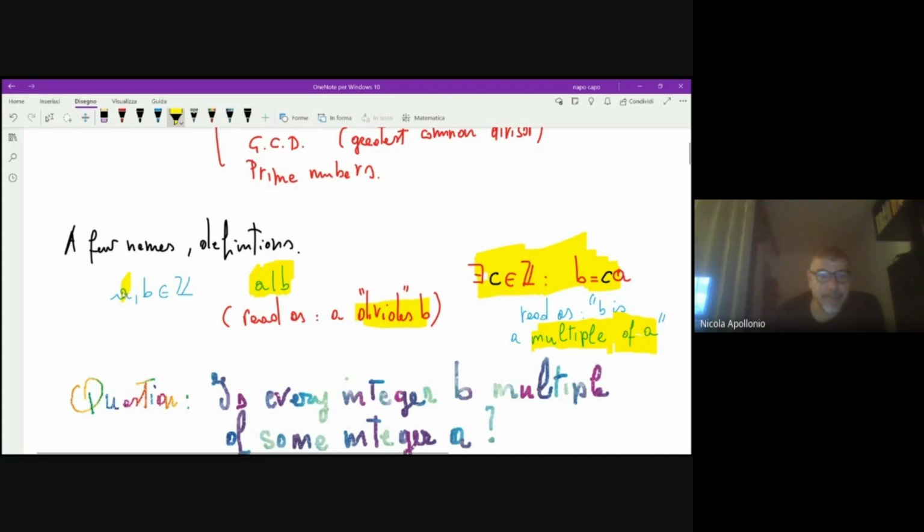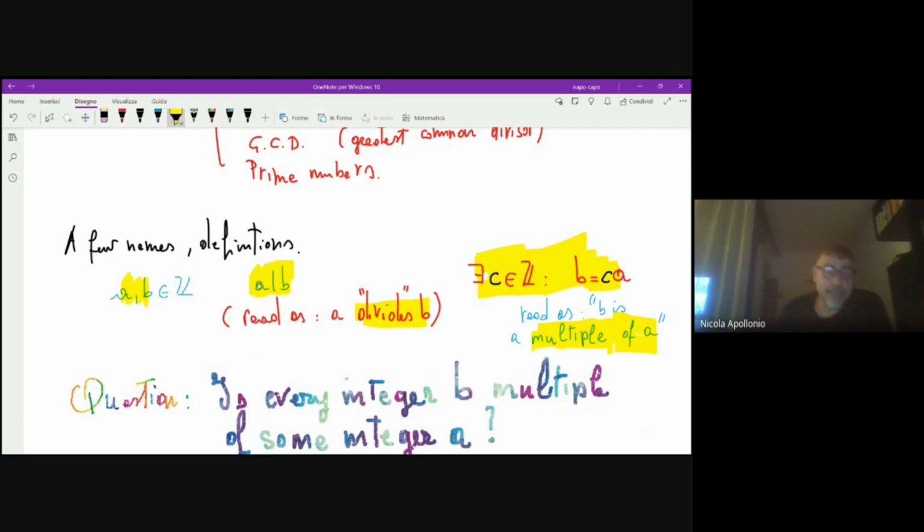Pick two integers a, b as you like. You can always ask this question, and in the affirmative, you give a definition: does a divide b?